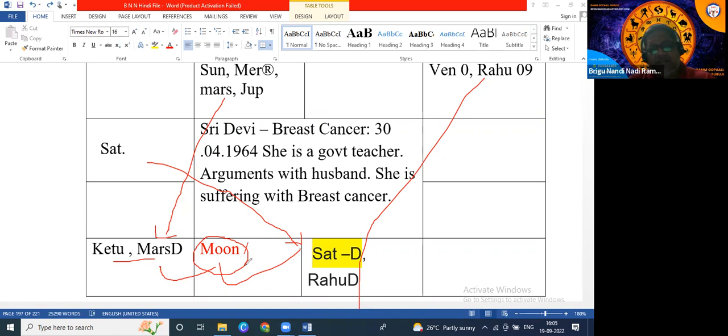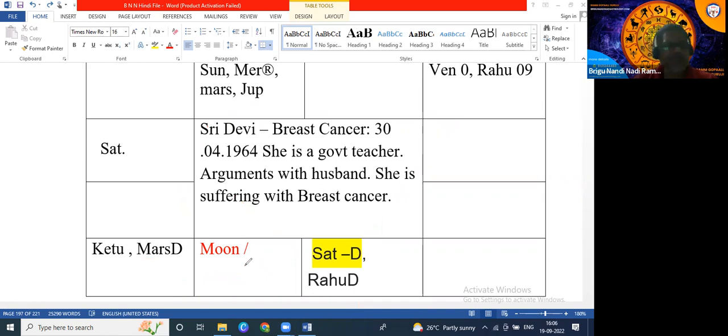Definitely, whatever organ the governing planet rules matters. The Moon is the breast governing planet, and Mars is the blood governing planet, so leukemia. Mercury governs skin and throat, so skin cancer. So if it is hammered in between any two planets, it is like that.